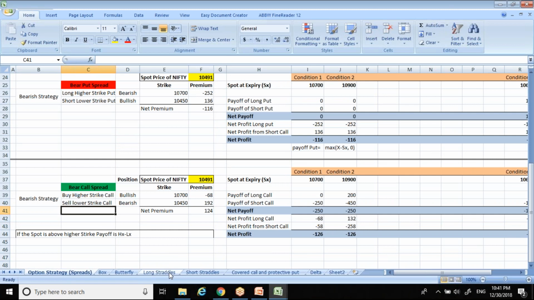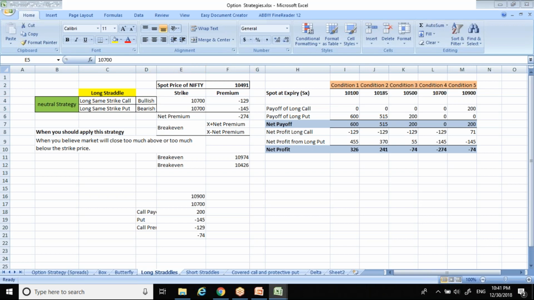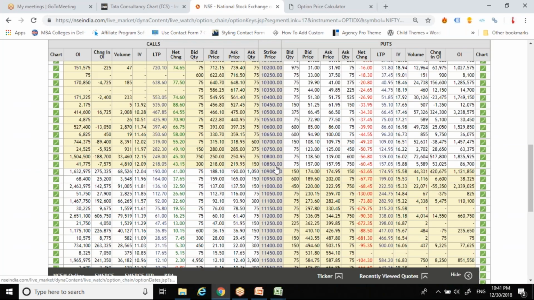Now likewise you have long straddle. In straddle what we do is we buy same strike price call and same strike price put. So we buy at the same strike price. So look at here. Let's suppose I'm buying a 10,850 call and 10,850 put.